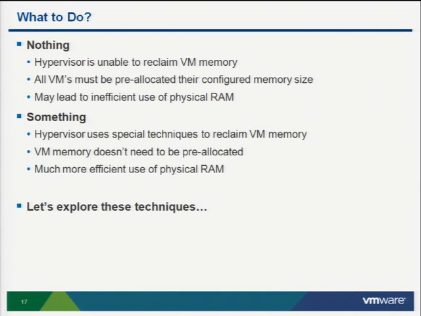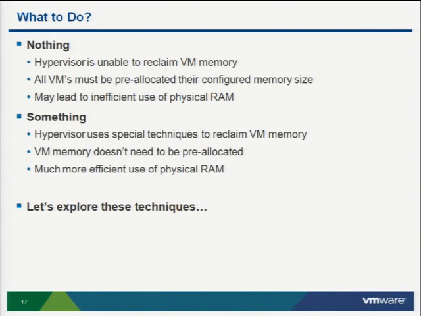So once a guest uses it, until that VM is powered off, the hypervisor can't reuse it for other VMs. So that means when a VM boots up, you have to be sure to reserve all that memory, the full size of the VM's memory, for that VM, and not allow other VMs to use it, just in case the VM will eventually use it. Now what does this mean? Obviously it means inefficient use of your RAM, because the VM may or may not be using that memory, right?